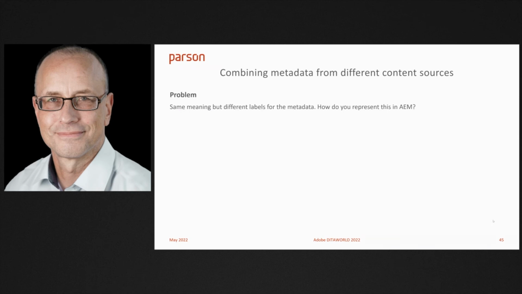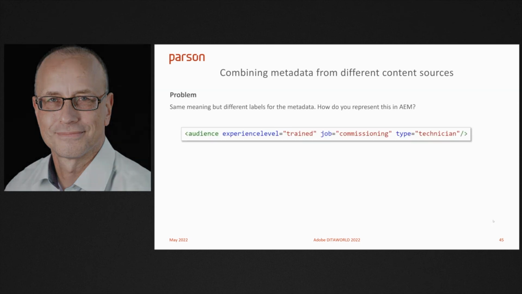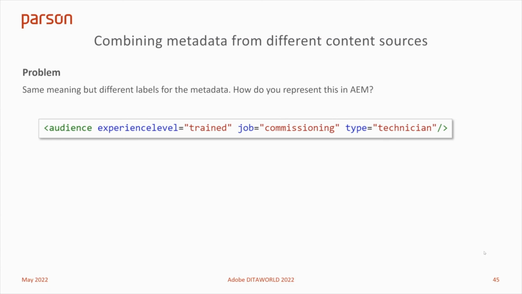When combining metadata from different content sources, the following problem might occur. You have metadata with the same meaning, but completely different labels for the metadata. For example, that's a sample from our DITA files.